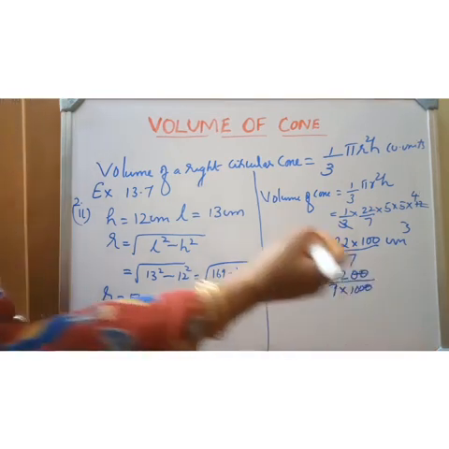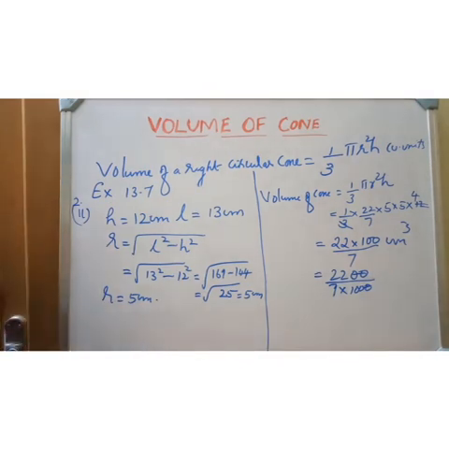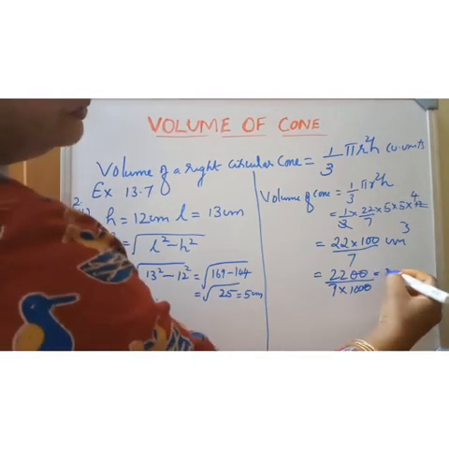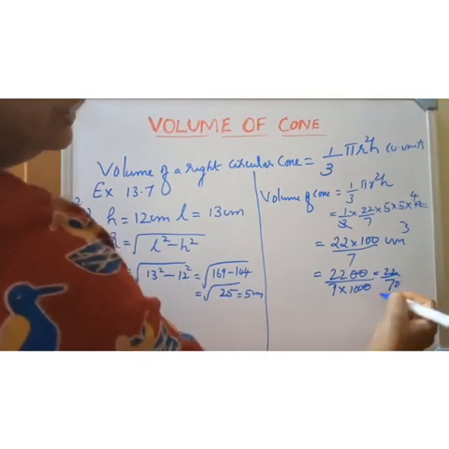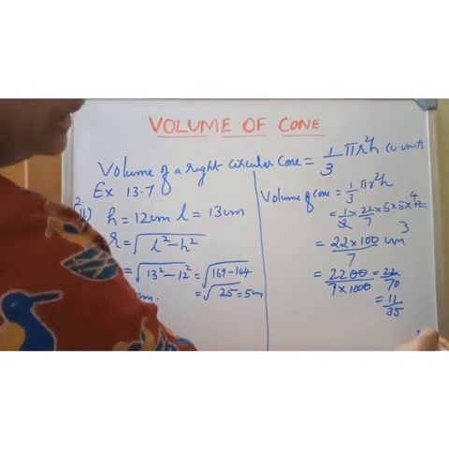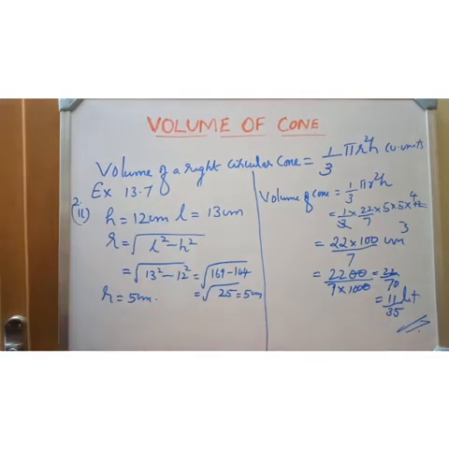Okay. So you will get, after simplification, 22 by 70. 11 2s are 22, 35 2s are 70. So that much liters. 11 by 35 liters. That will be our final answer.